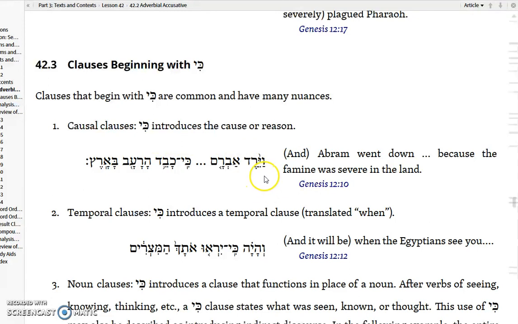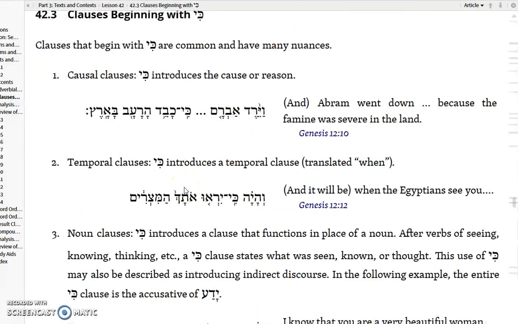And so you'll have, Abraham went down, ki kaved ha'ra'av ba'aretz, because the famine was heavy, was severe in the land. And so there, ki is giving the reason for an action.